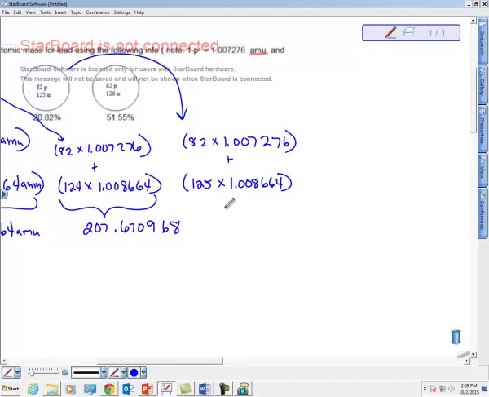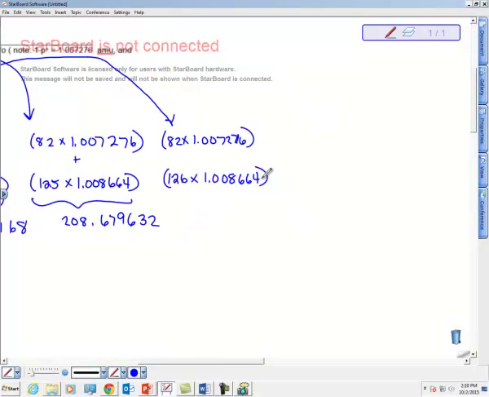On the third one, I got 208.679632. Am I good? Great. Last one. On the last one here, I got 209.688296. Anybody confirm? Awesome.